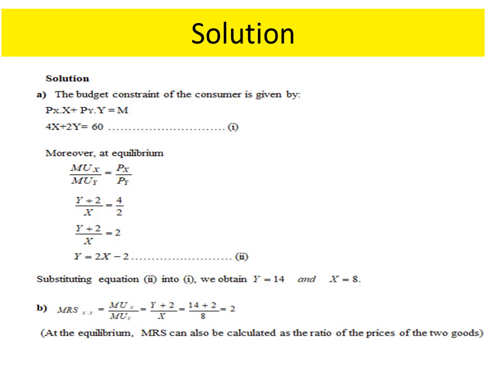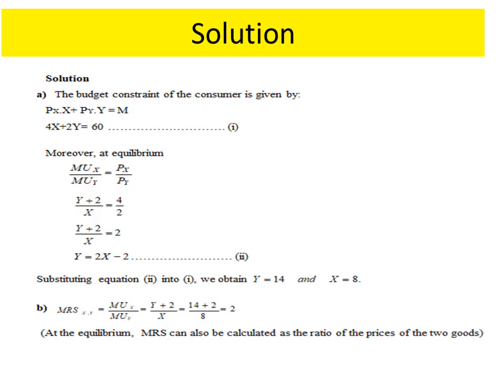Substituting equation 2 into equation 1, we obtain Y = 14 and X = 8. So the quantities of Y and X on the consumer's budget line are 14 and 8 respectively.